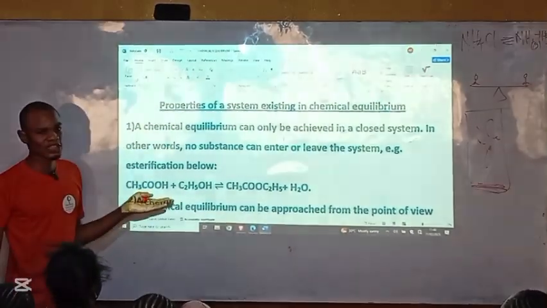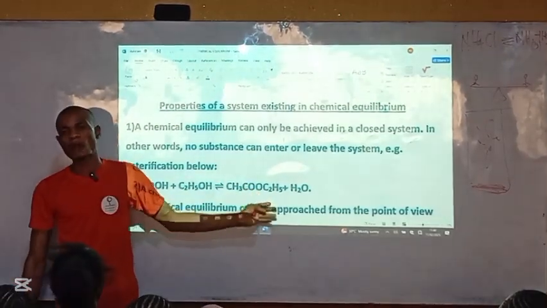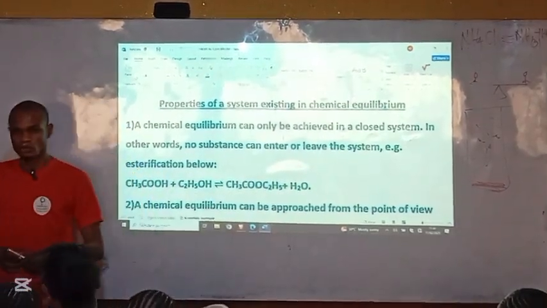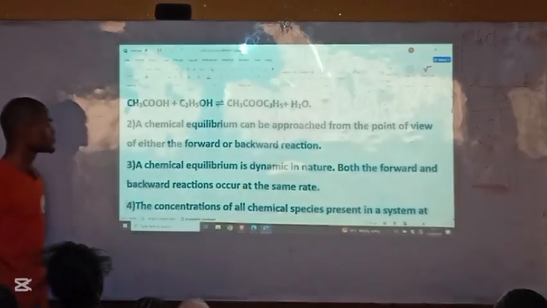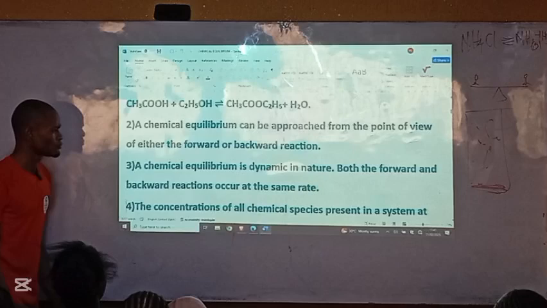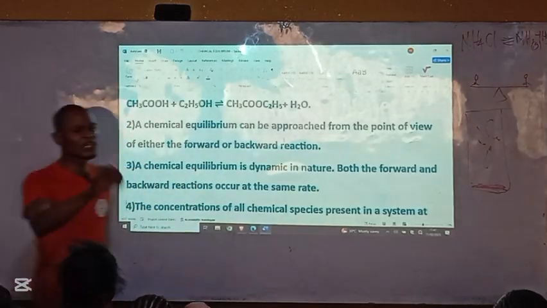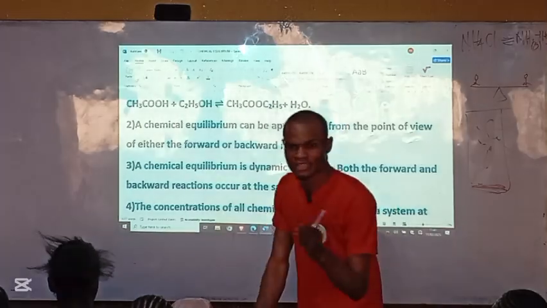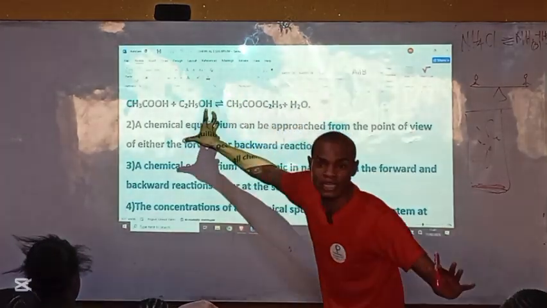This is the esterification reaction. Alkanoic acid plus alkanol to give alkanoate and water. That process is called what? Esterification. We'll start organic chemistry soon. Forward or backward reaction. So the esterification process is a reversible reaction. Therefore this kind of reaction is in what? Equilibrium.